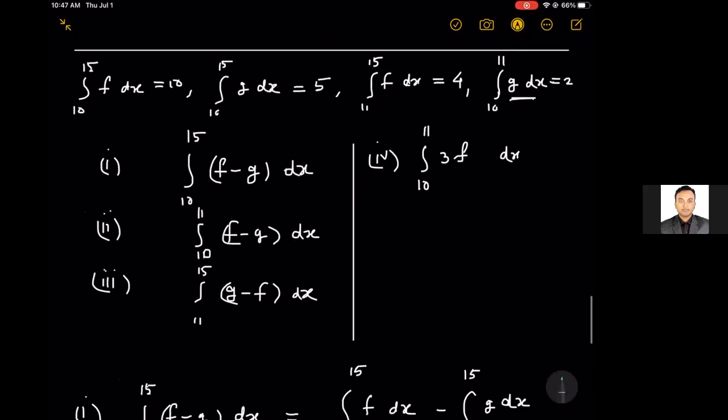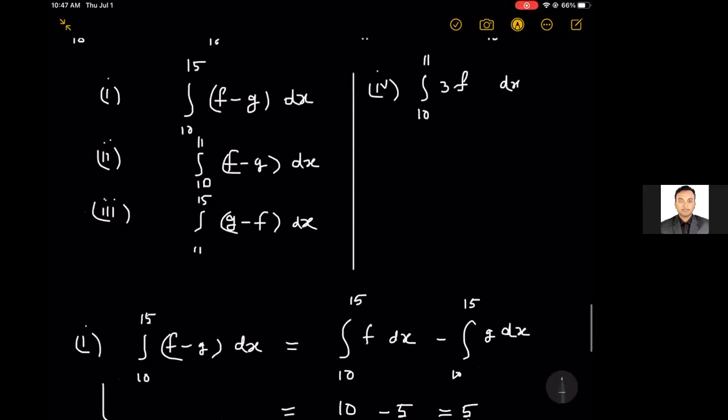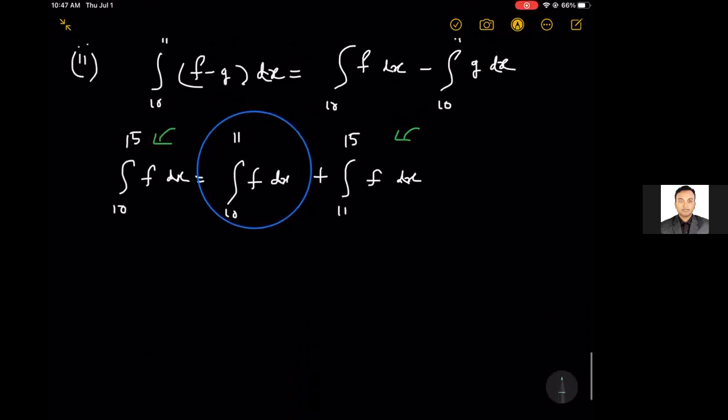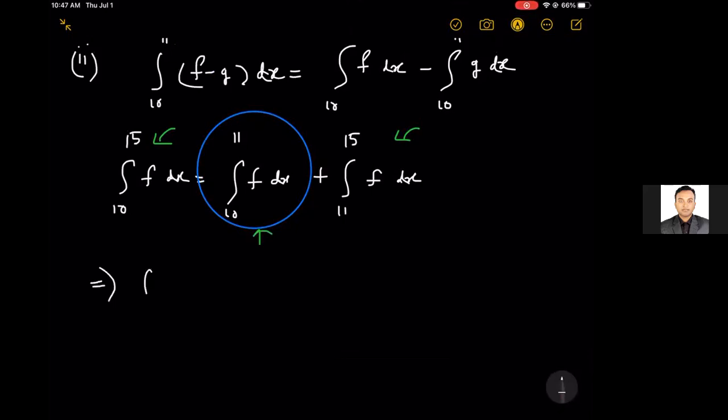From 10 to 15, it's 10, and from 11 to 15, it's 4. So this would be the difference of the other two: from 10 to 15 minus from 11 to 15. So 10 minus 4 is 6.